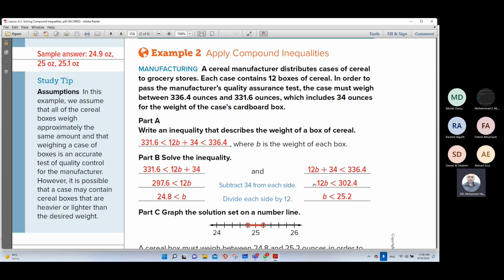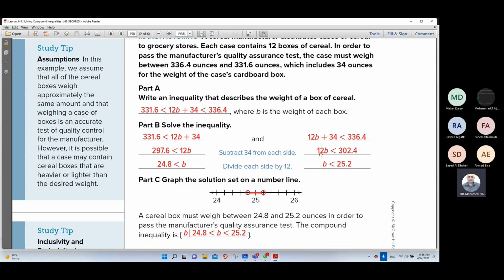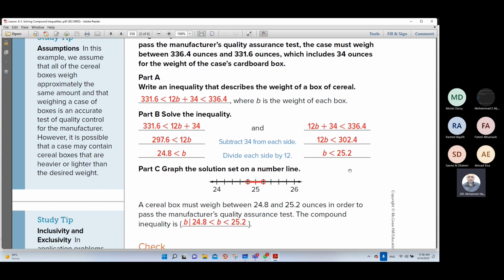And here the same idea. We want to remove 34, so we can subtract 34 from the two sides. Then you can divide by 12 the two sides. You will get B less than 25.2. Then we can draw the number line, represent this value and this value, and use the open circles because we don't have equals in the signs.